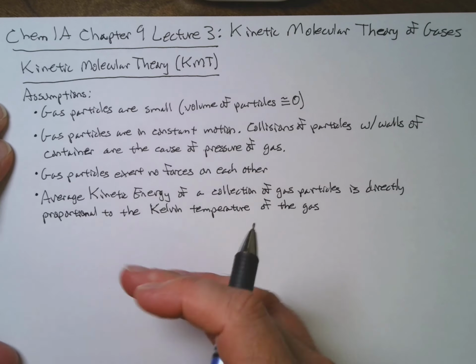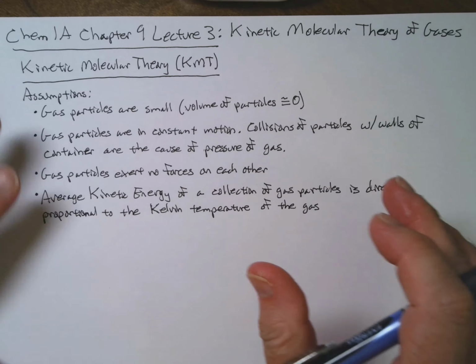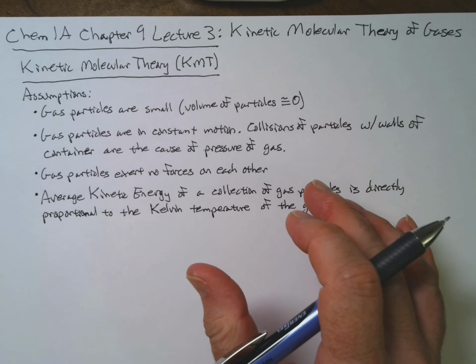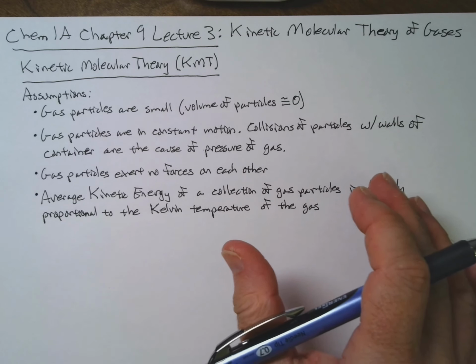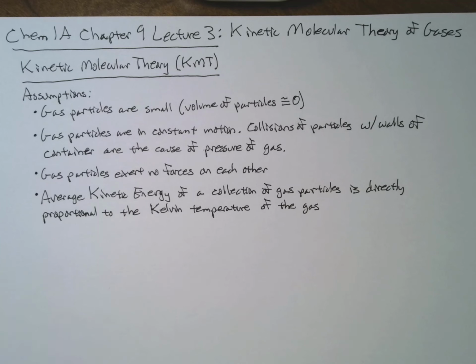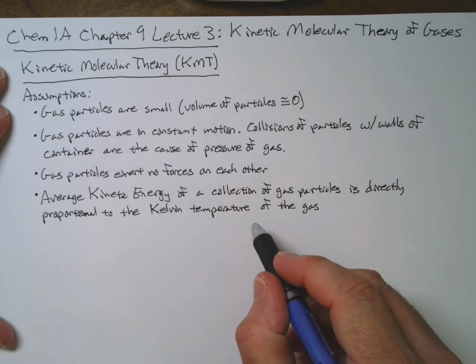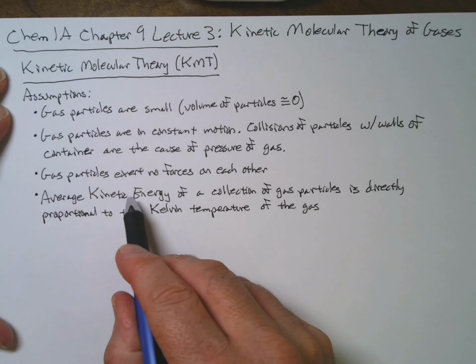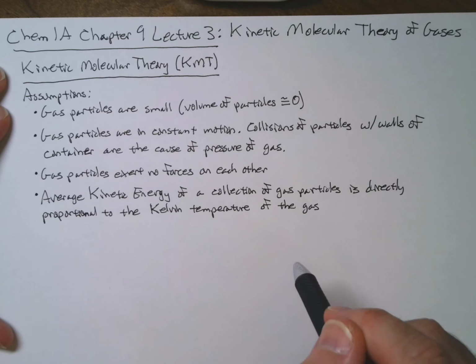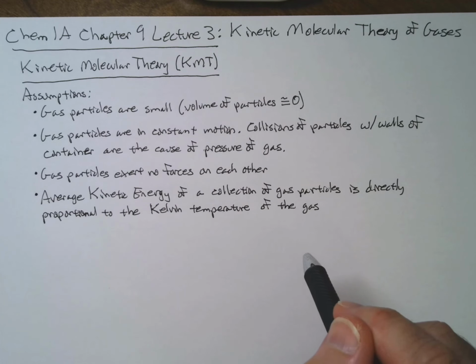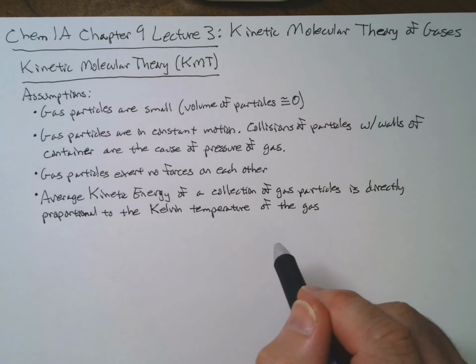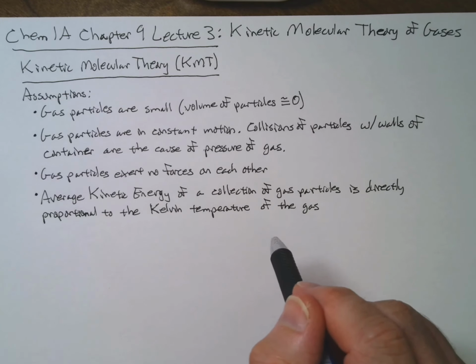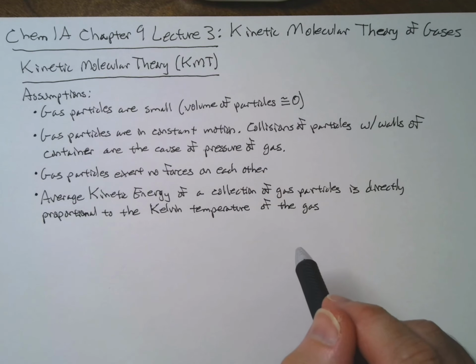Okay, so our average kinetic energy, not the kinetic energy of every particle, but just on average. So some will be moving slower, some will be moving faster. And this also tells us that at a given temperature, heavier particles will not be moving as fast as lighter particles, because it's average kinetic energy that we're looking at. And so kinetic energy is one half of mass times velocity squared.